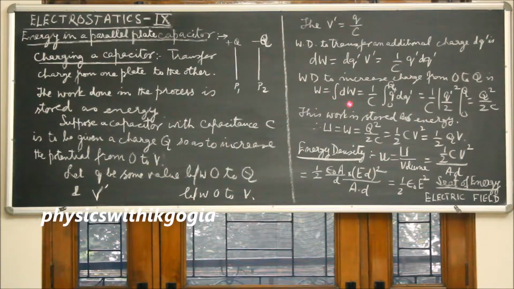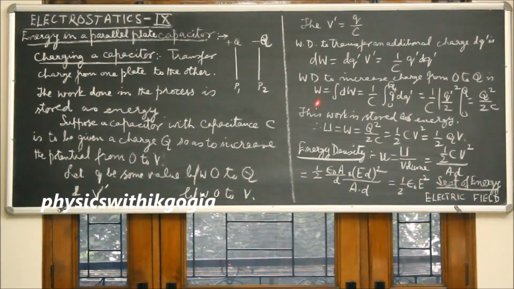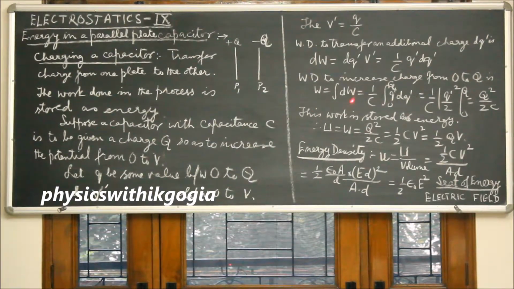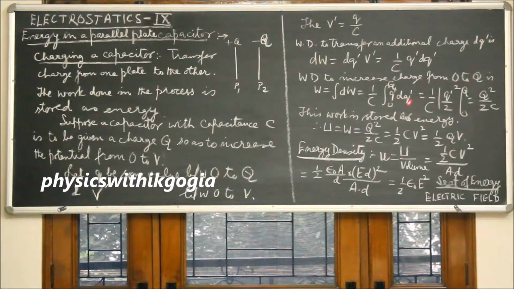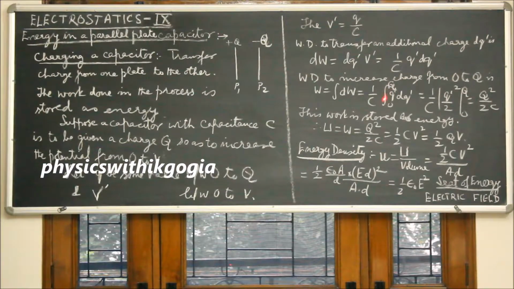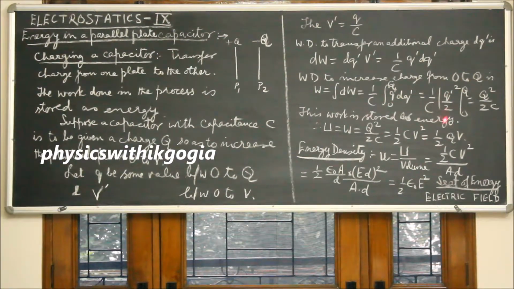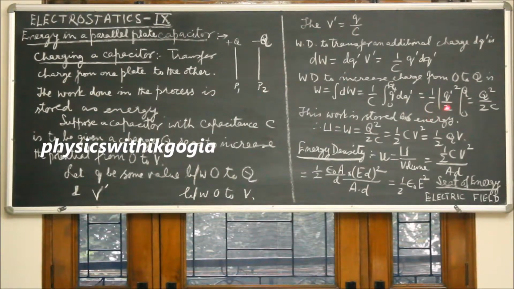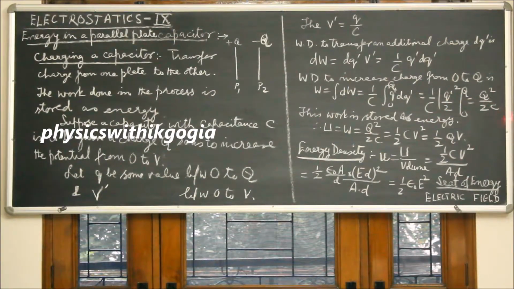So work done to increase the charge from 0 to Q is W equal to integral of dW or 1 over C Q' dQ', limits 0 to capital Q. The integral is Q'^2 by 2 into 1 by C. So substituting the limits, you get Q squared by 2C.